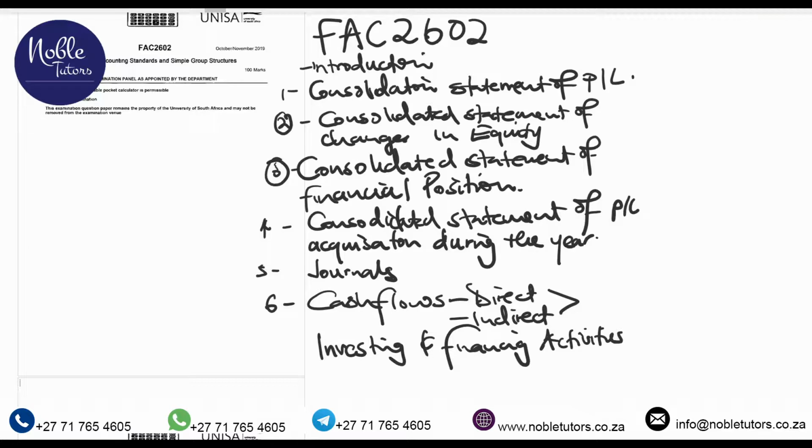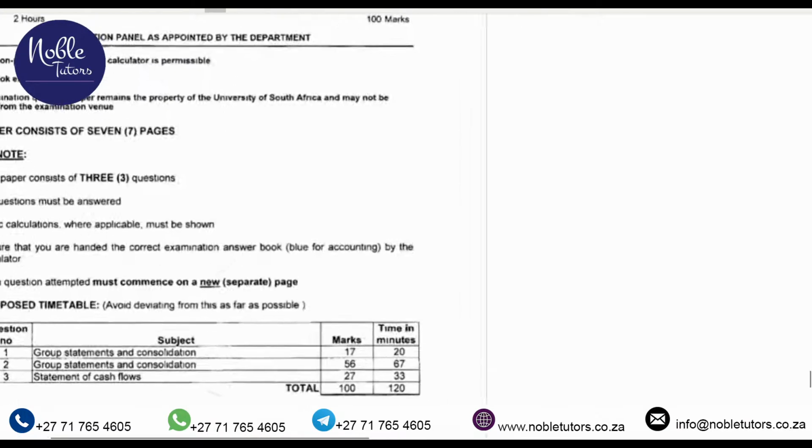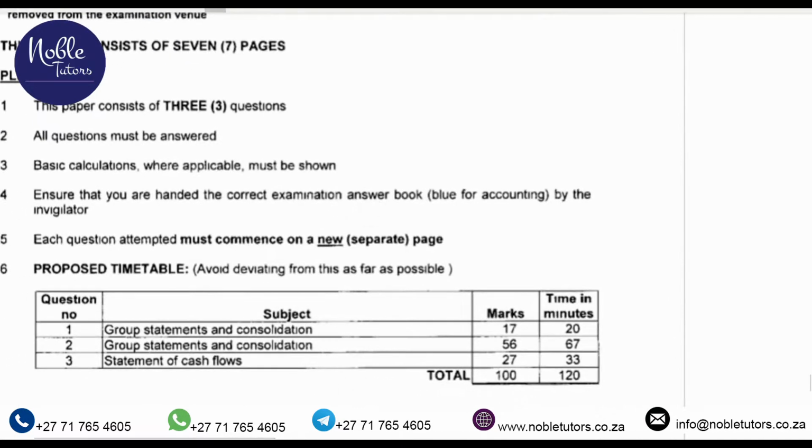In each and every video, we're going to look at previous exam questions to see what was asked. You see that here in question number 1, these were probably journals for 17 marks. The last one is a cash flow.